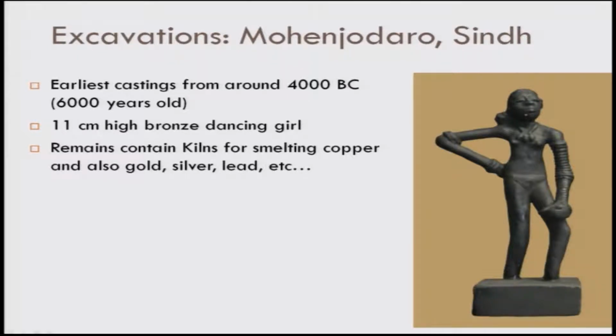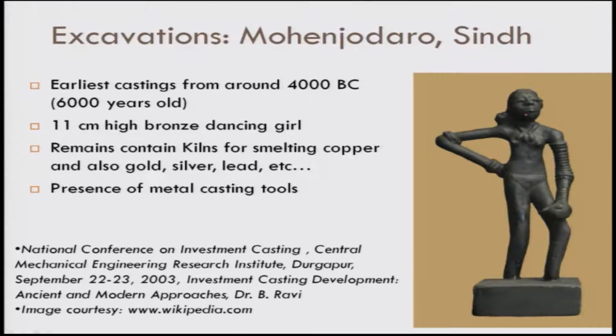These kilns are considered to have been used for smelting copper, silver, gold, lead and others during that era. And besides this, metal casting tools were also obtained at this site. Some of this I have taken from this paper, and the image is from Wikipedia.